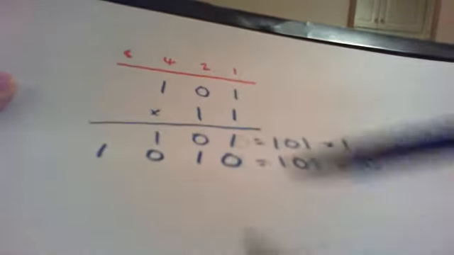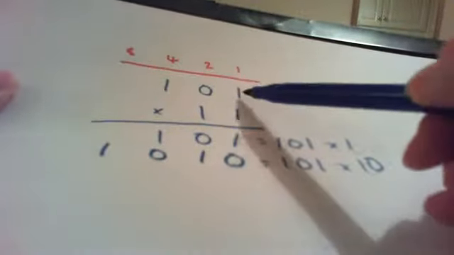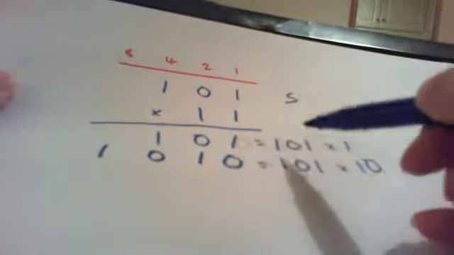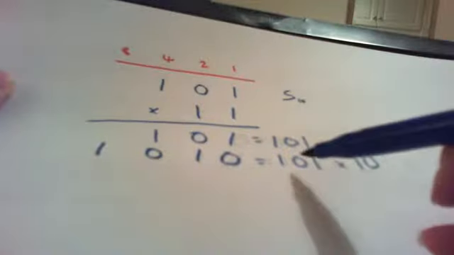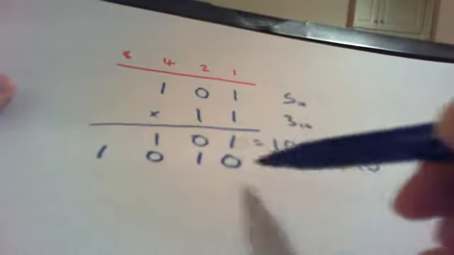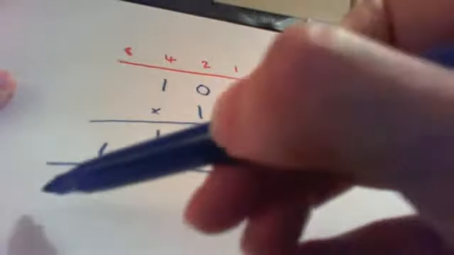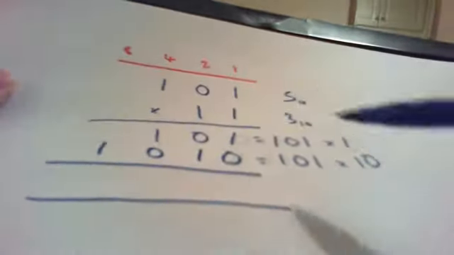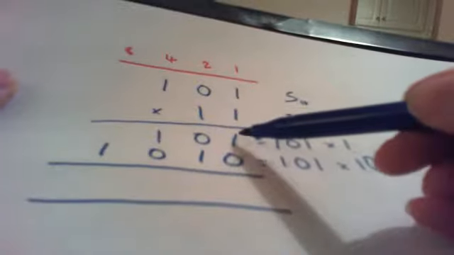And that is our number, 5. Remember, this is base 10. Times 3. What does it equal? We need to add them up to find out.